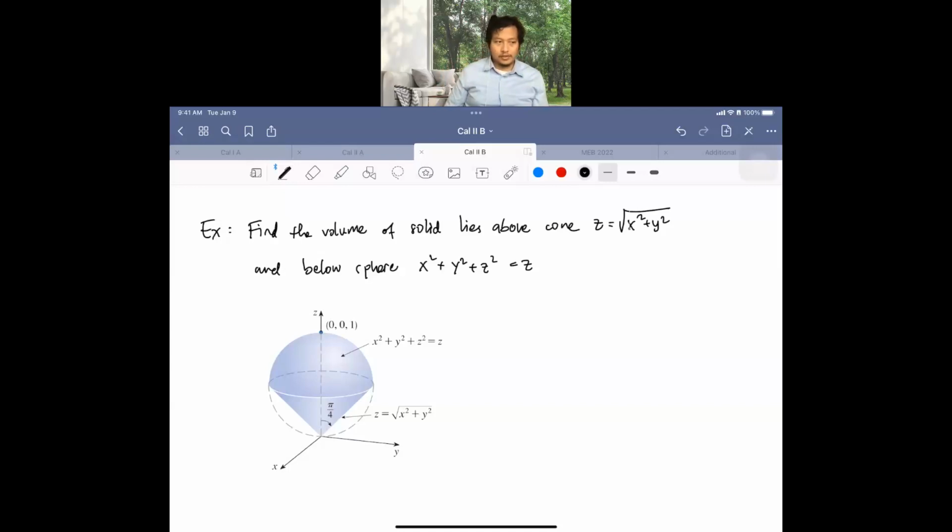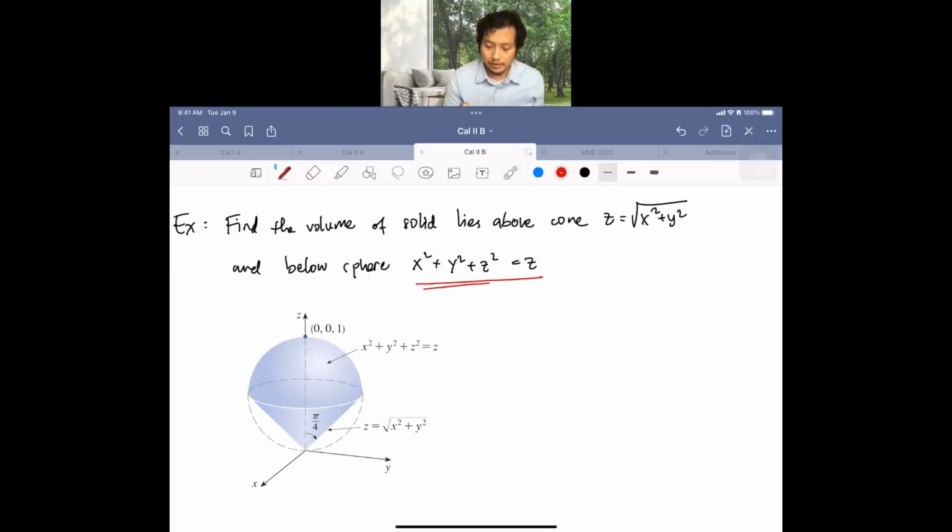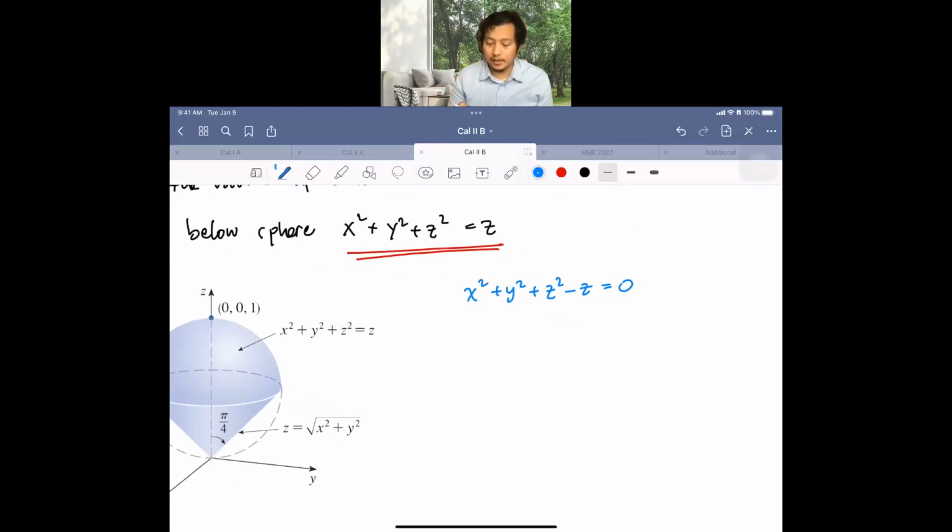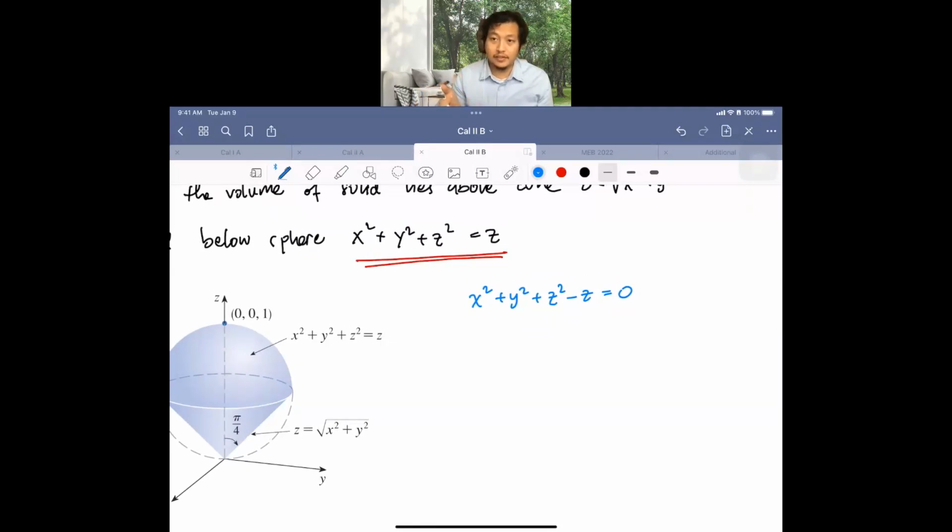Now what do we do first? First, we could see that this is our sphere equation. We could start by observing how the sphere is exactly going. Is there any shift in its center? Is there any change in the radius?